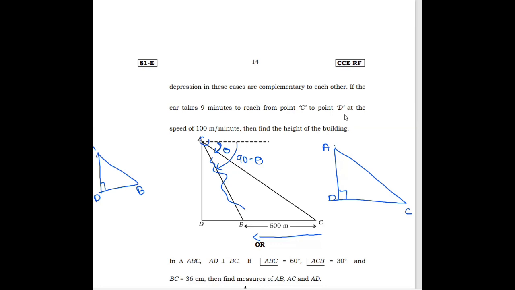Now from here we don't use this angle, we want this angle. See, this is what we studied in 9th: if there is one angle here, that angle will be here. Now if this is theta, where is that Z? Here.